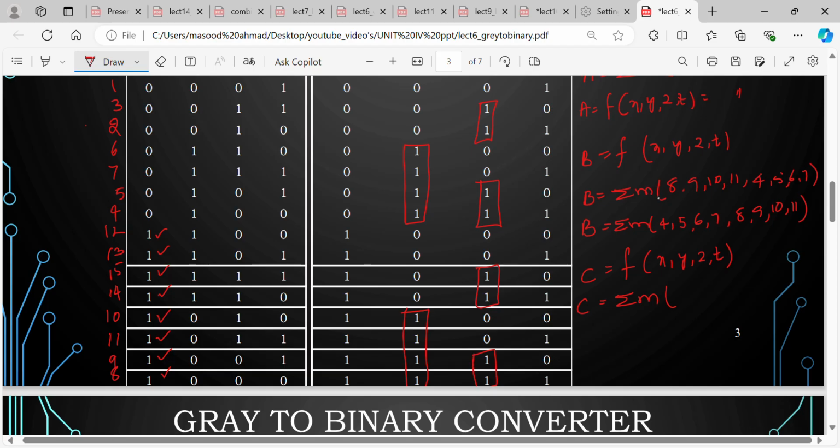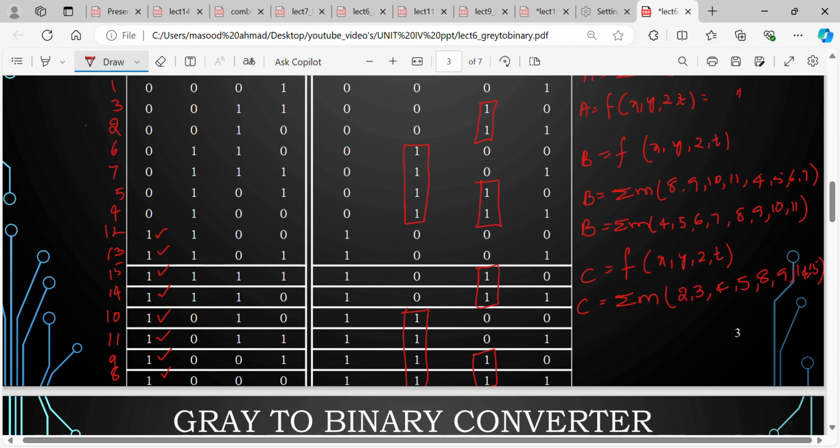So in order, it starts with 2, 3, then 4, 5, then 8, 9, then 14, 15.